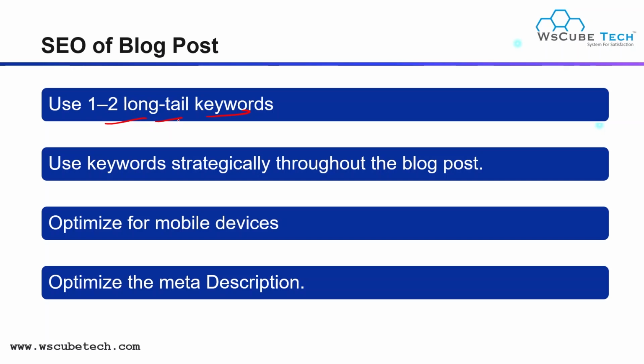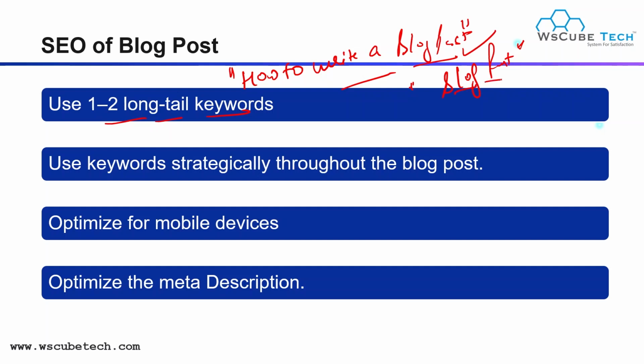For example, "how to write a blog post" is a long tail keyword, and your short keyword is just "blog post". "How to write a blog post" is much more impactful in terms of SEO than the short keyword "blog post".